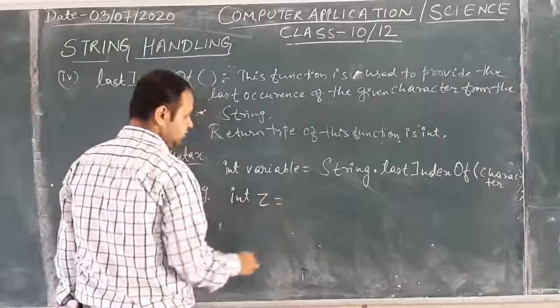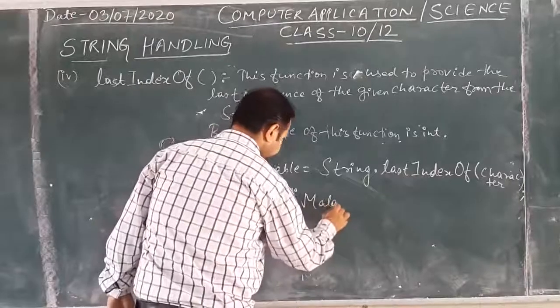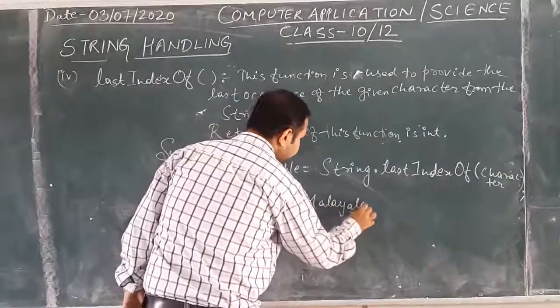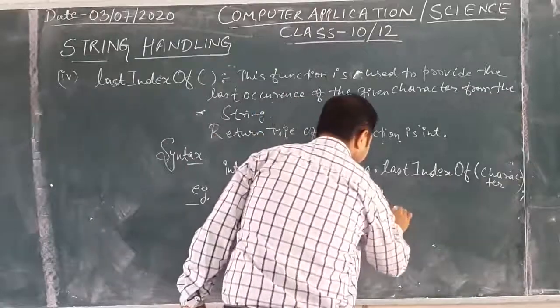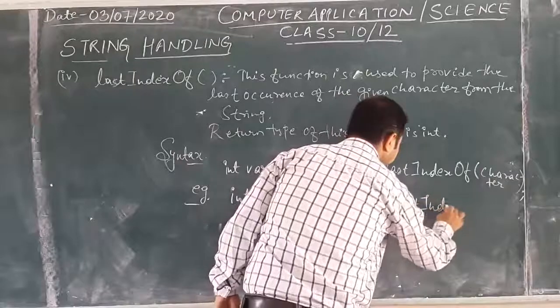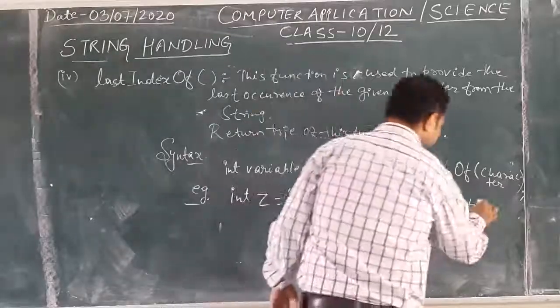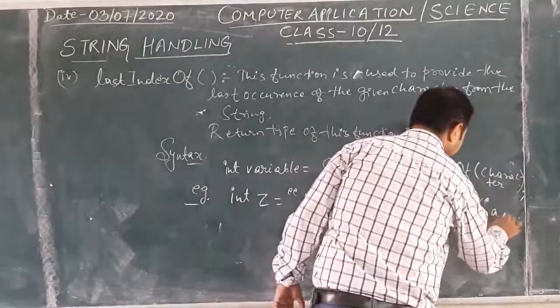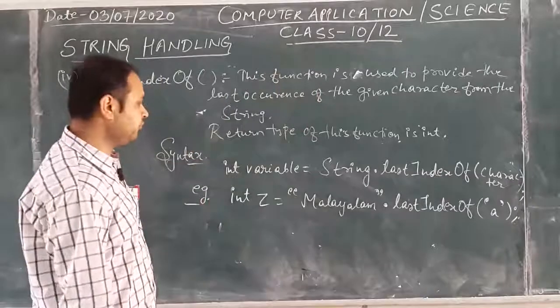For example, I write here int ched equals to, suppose I take the example as Malayalam dot lastIndexOf, and I take here the character as A. Now what is the last occurrence of A?